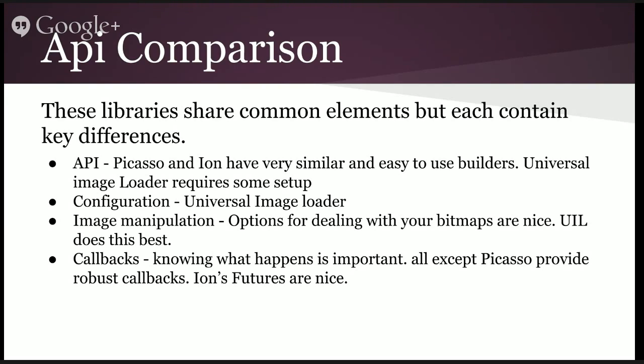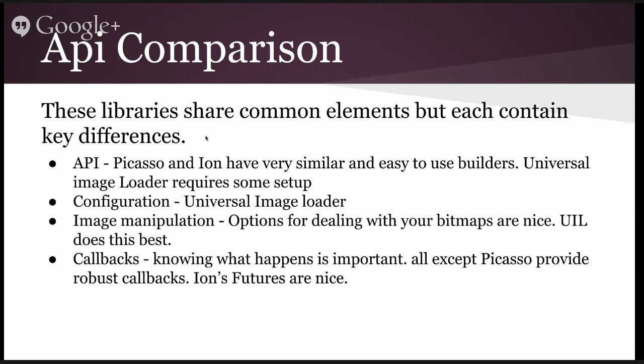That easy. So Picasso does a very good job of that. Ion follows a similar pattern. I personally think that Picasso has a much cleaner API, so for the API, I give it to Picasso.